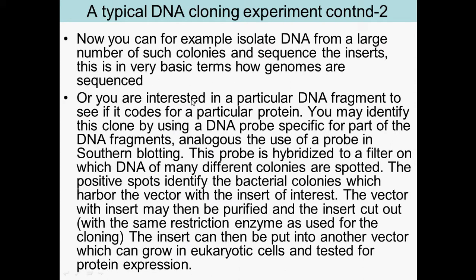So if you're interested in a particular DNA fragment, you can use a probe to find the particular DNA sequence. So you have to know the sequence, and then you do the probing. And then there are pictures on how you do that.